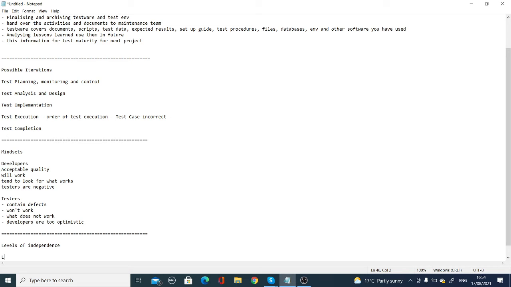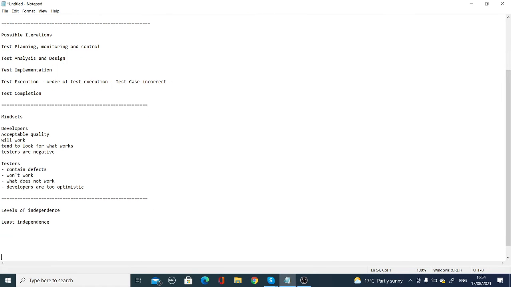This will go from the least independence to the most independence. So the developer who wrote the code, if the same person is testing, this person won't find defects.